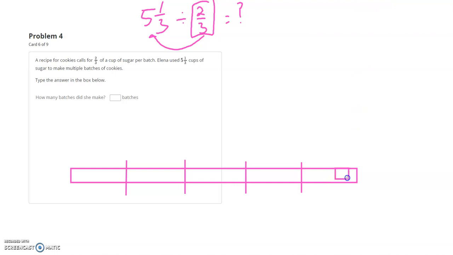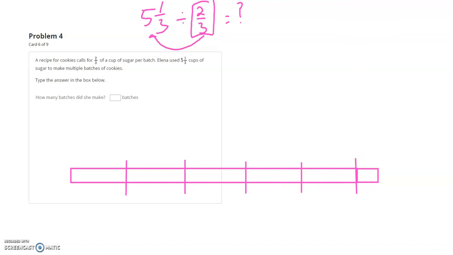So I'm going to draw, this looks like a third. About, maybe too big. There's 1/3, so I'm going to scoot it over here. I'm going to put a line. So we have 1, 2, 3, 4, 5 wholes, and then 1/3.